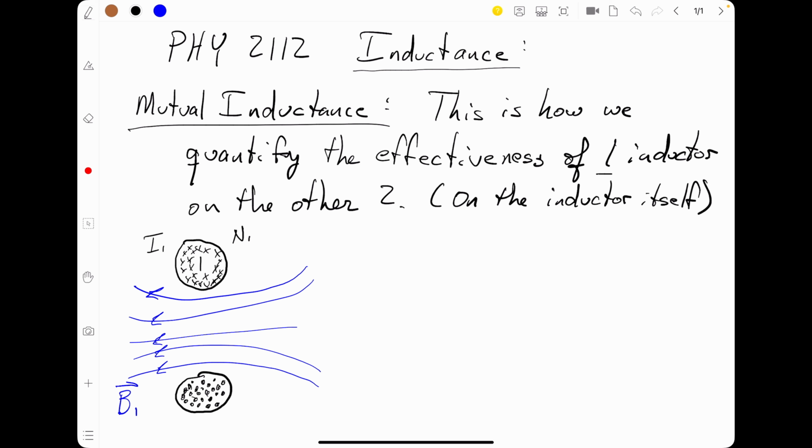So right over here, we're going to put inductor number 2. Inductor number 2 has a different shape. It's not quite as big or whatever. It has a different number of coils. It also could have current going through it, I2, and of course its current is going in.